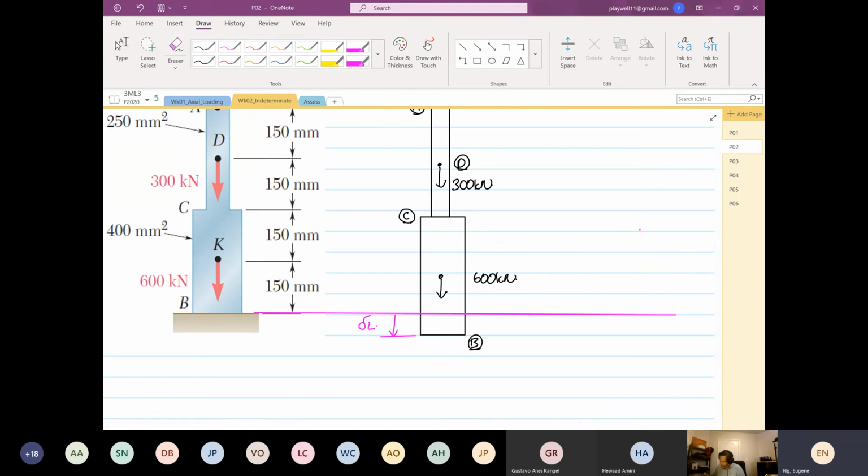So delta L is the deflection due to the loads, or the actual load.